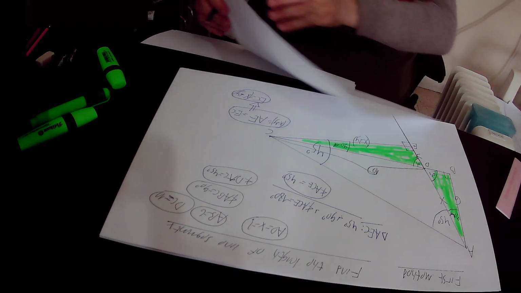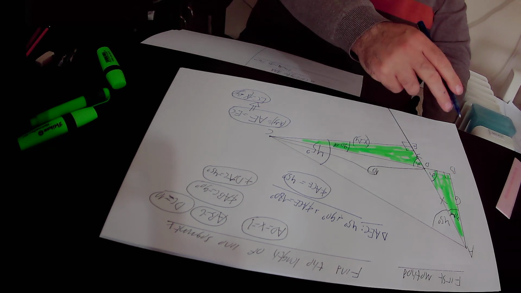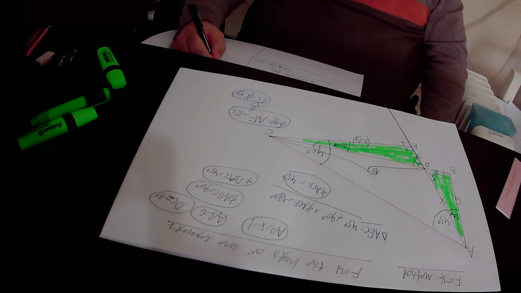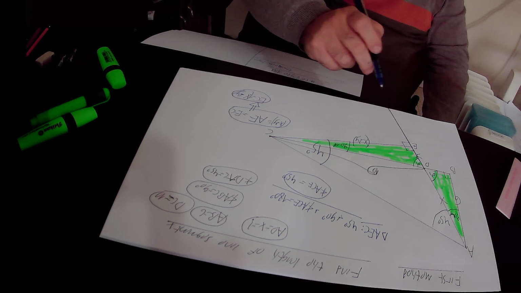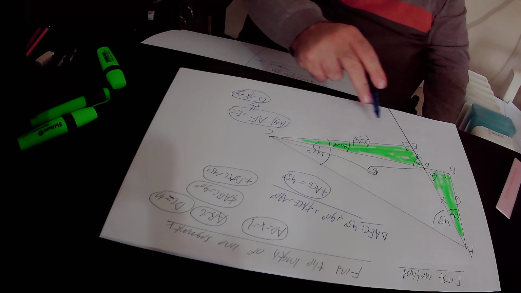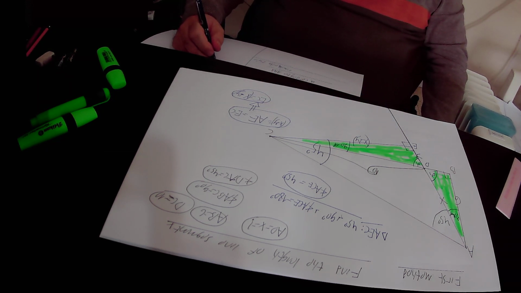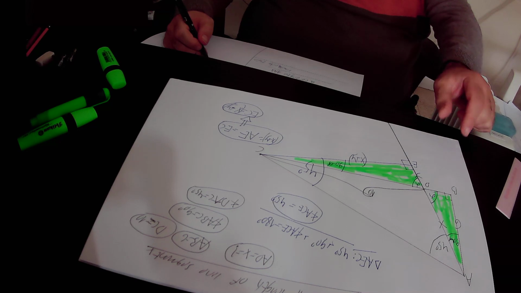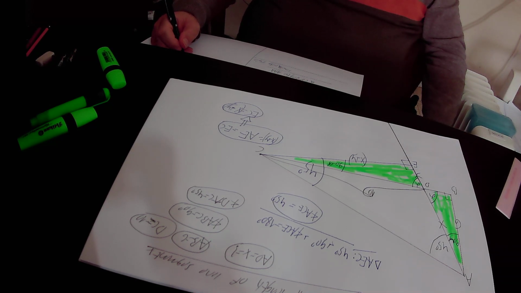Here, AB is equal to 6 units, EC is equal to x plus y, and we leave BD as it is.